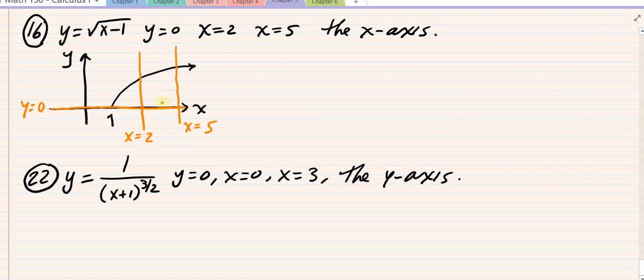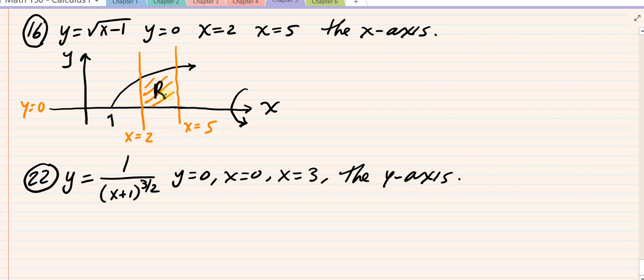This is the region that we're interested in, right there. The region is being revolved about the x-axis. Okay, so here's the x-axis, and that's the rotation. And that's the region R that's being revolved.